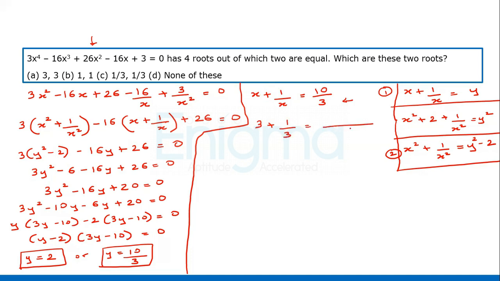Let's simplify. So making the denominator 3, we get here 9 plus 1. That is 10 by 3. So therefore, we get the value of x as either 3, or we will get the same thing if we assume x as 1 by 3 as well.